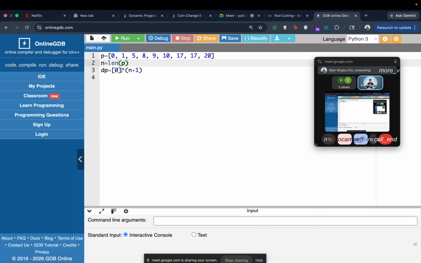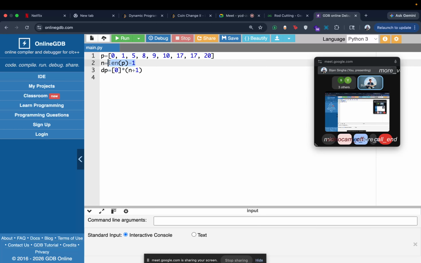Okay, so I will write here 9. So that means 9 minus 1 is 8. Okay, ultimately I can take it 9 only, right? That is 0 to 8. Understood?